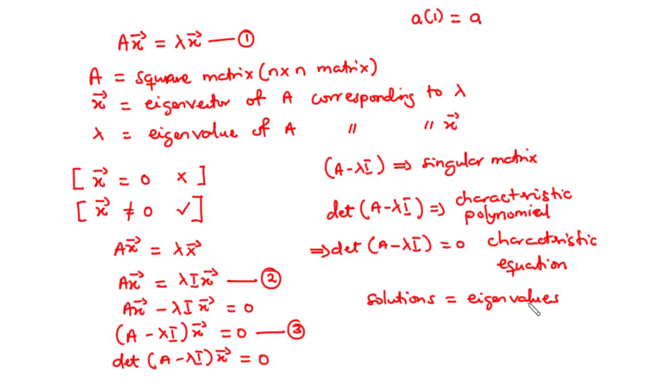So in the next section, we are going to take an example of a 2x2 matrix and try to find its eigenvalues as well as the corresponding eigenvectors.